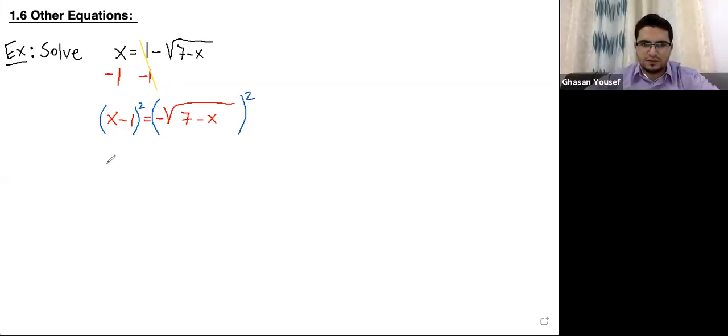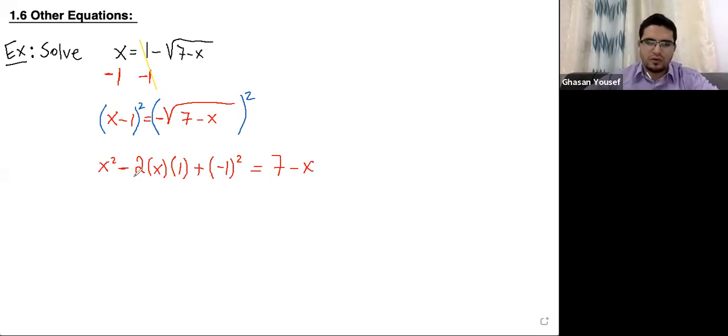On this side, first of all, x squared minus 2 times the first term x times the second term 1, plus the second term squared. Here it is -1 squared. And on the other side, the radical will be cancelled, so I get here 7 minus x.